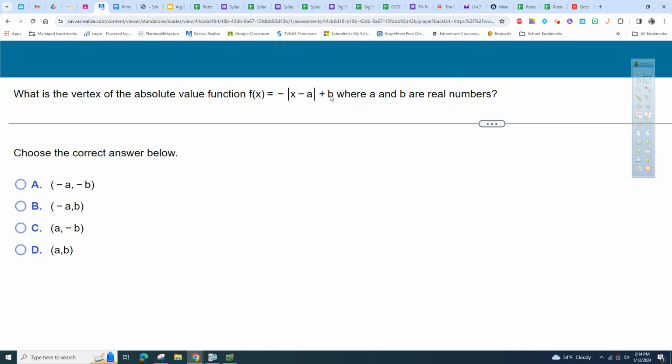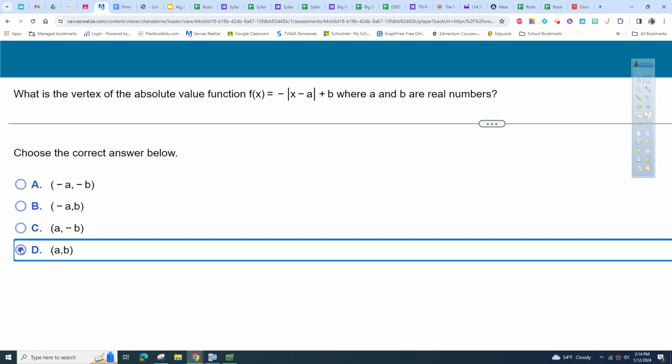We don't go changing the sign. That's what people get carried away with. They say, oh, that's the opposite of A. So we're going to put A and then opposite of B and C. They might choose this answer down here, C in my case, but it's absolutely positive A and positive B.